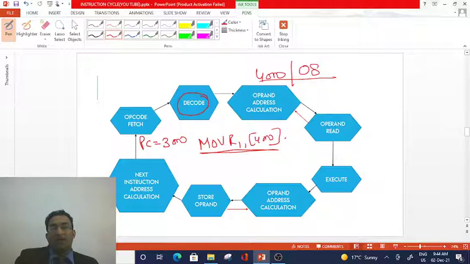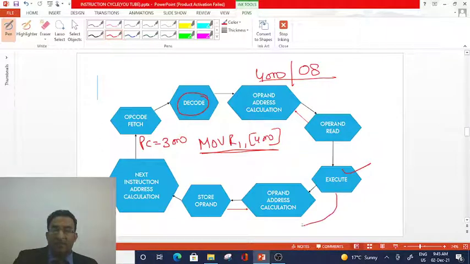After the data comes into the processor, there will be an execution operation. As this instruction is saying, we have to simply transfer the value of location 4000 into the R1 register. So there is no storing of the result in memory.